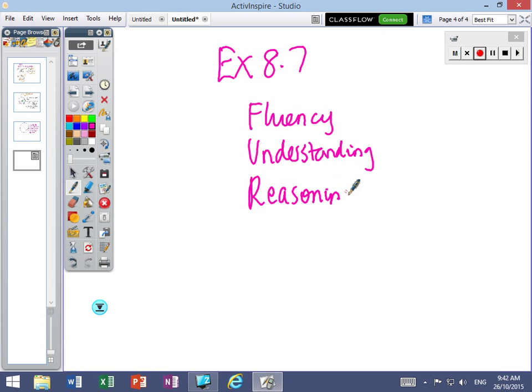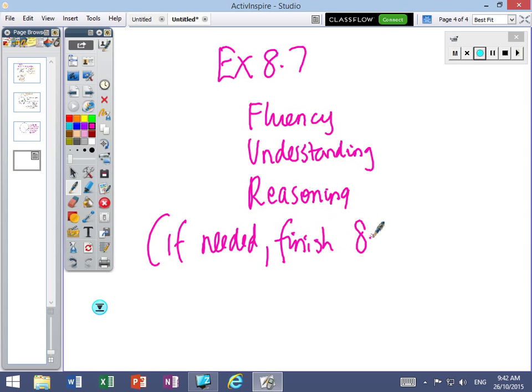I've got to talk to Mr. Coe about that and the other two. You're not going to be assessed against it on your grades. Okay, so the exercise to go with chords is 8.7, but we're more than happy if you want to go back to the 8.6 stuff to finish that off as well. And that's it for the day.